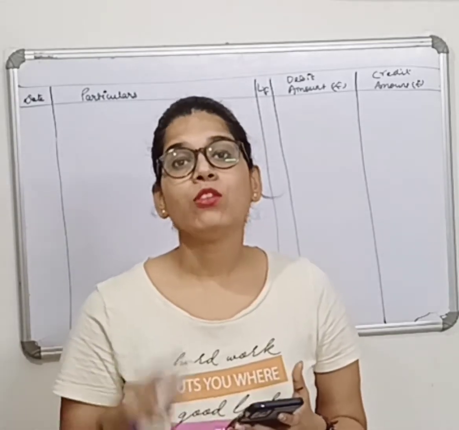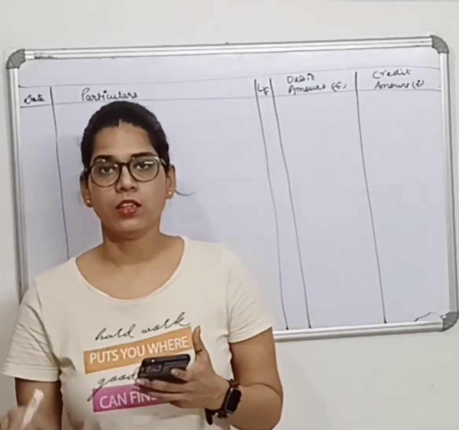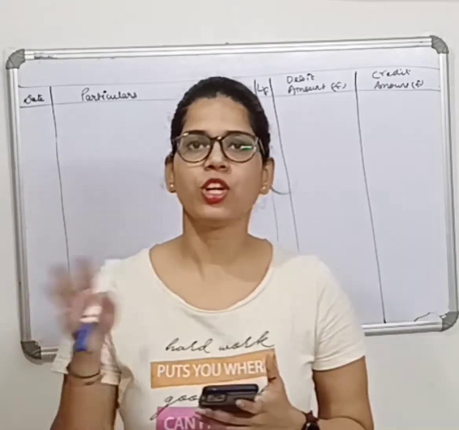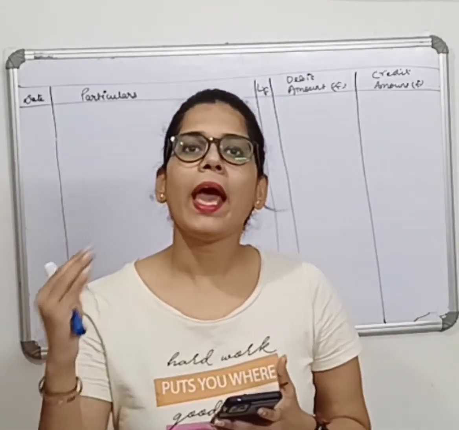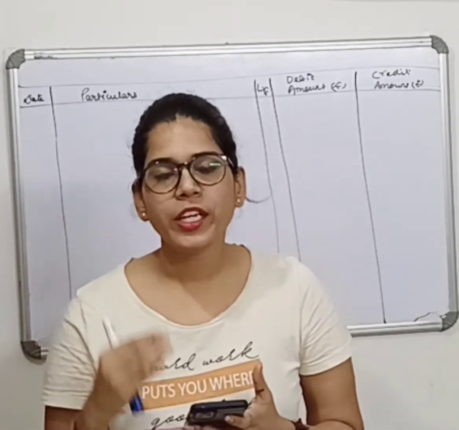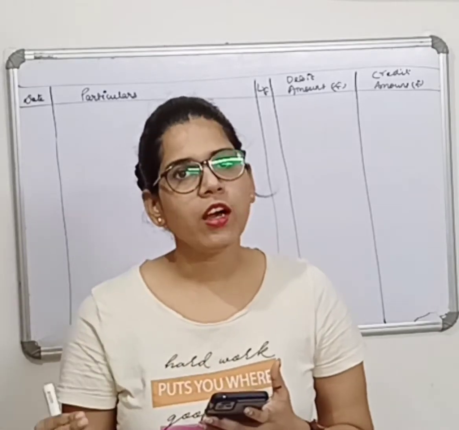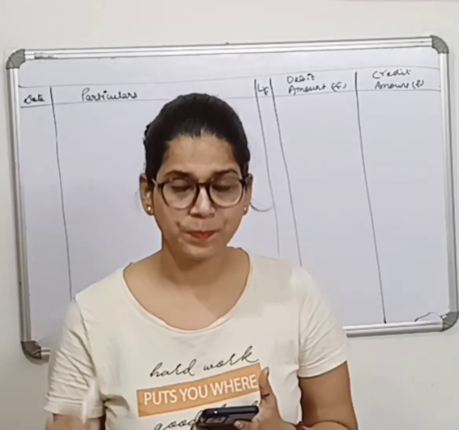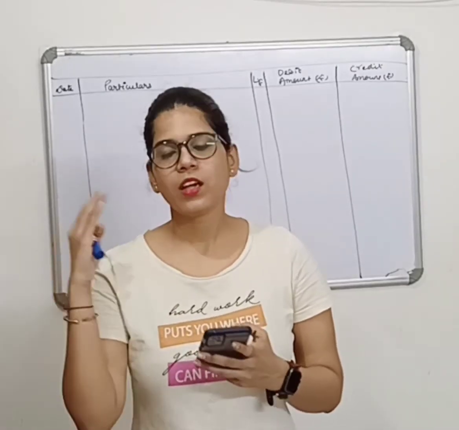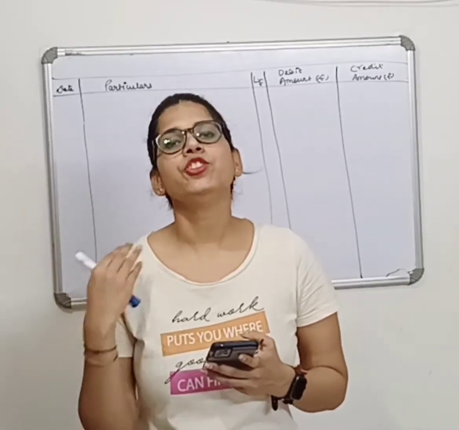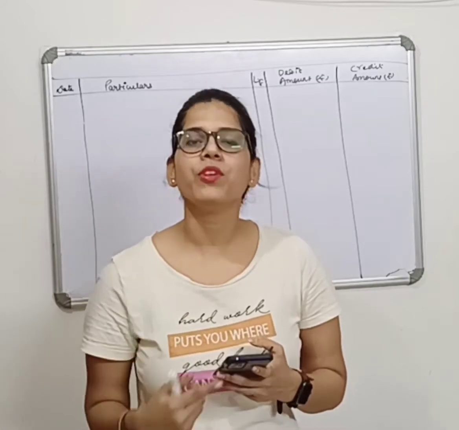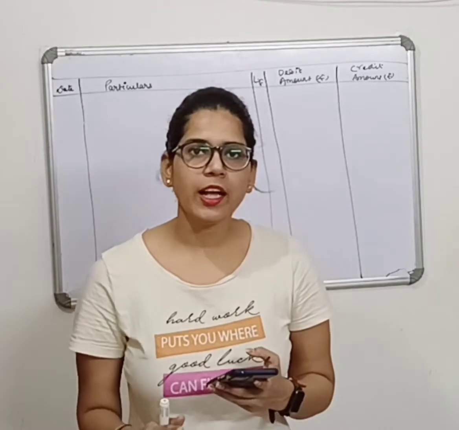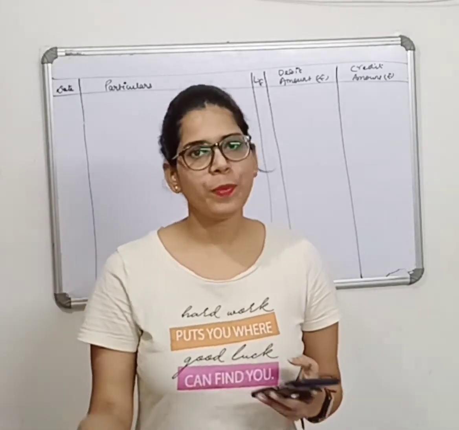This bad debt has occurred on the part of some debtor recorded in the books of account, so as soon as we record a bad debt, the debtor's account is reducing. So the journal entry will be bad debt account debit to the respective debtor account who has failed to pay our dues.